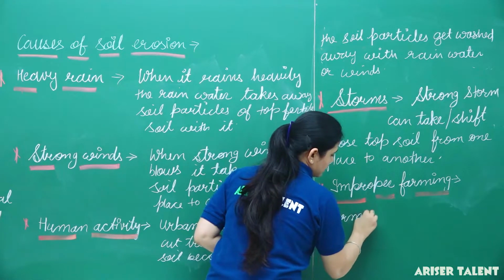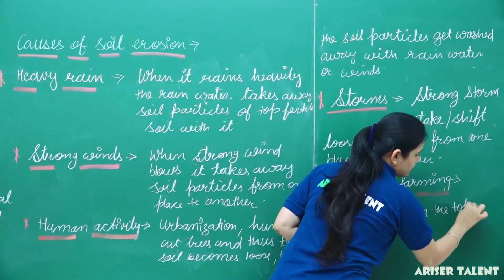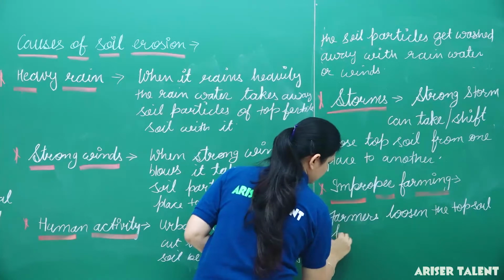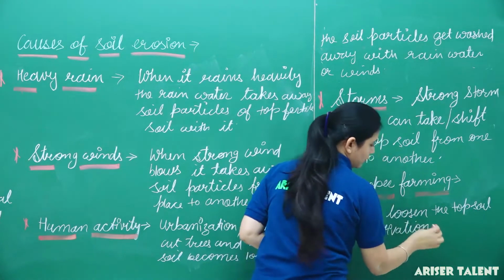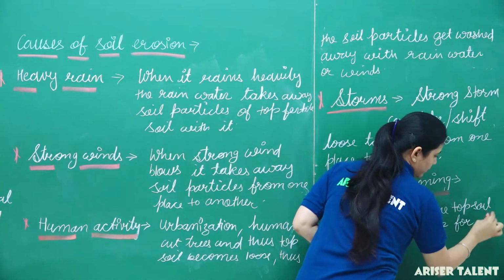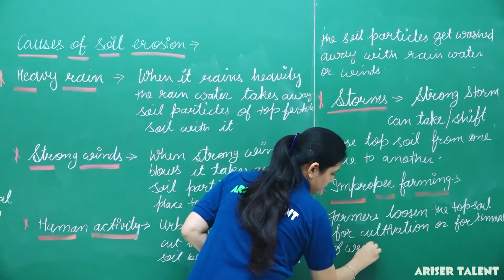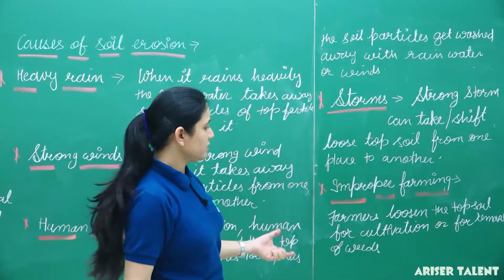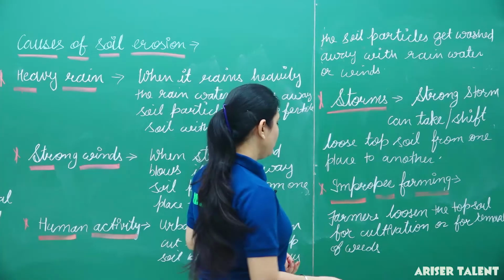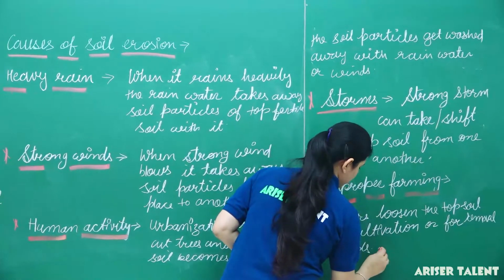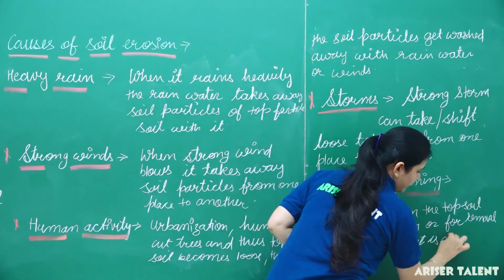Farmers loosen the topsoil for cultivation or for removal of weeds. But if the farm is not cultivated for a long time, then the topsoil can be washed away with rainwater or wind.